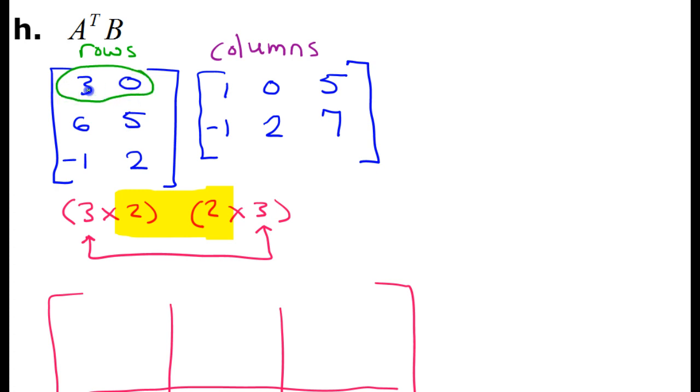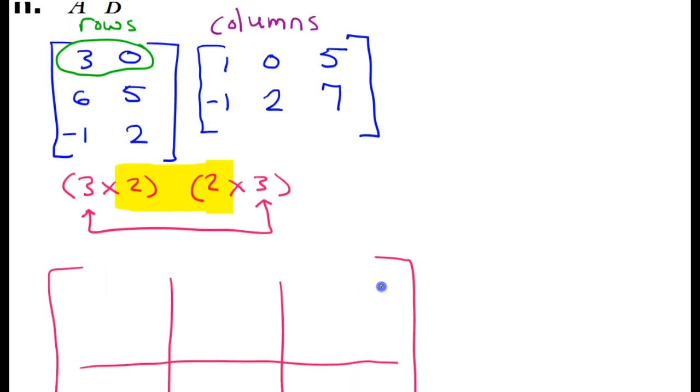So row 1 is 3, 0. So I'm going to put row 1 throughout row 1 of my answer. So I'm going to put 3, 0, 3, 0, 3, 0. Don't worry about the fact that I made this vertical, even though it's a row. It just makes my calculations easier.